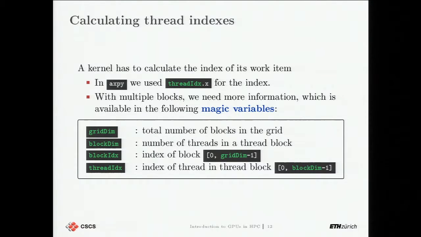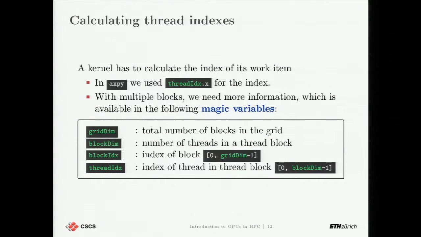So before, calculating the thread index, the i, was pretty simple. We just read the threadIdx.x value and used it. But now we're working with multiple blocks. We need some more information, which is available from the following magic variables. We had just one magic variable before, threadIdx.